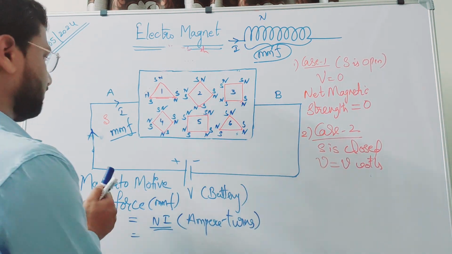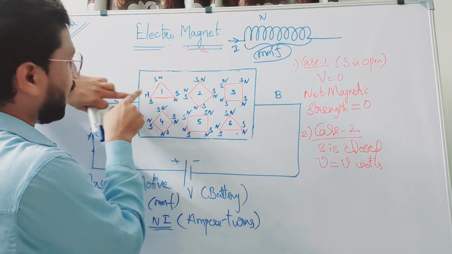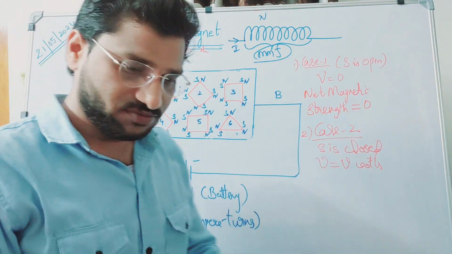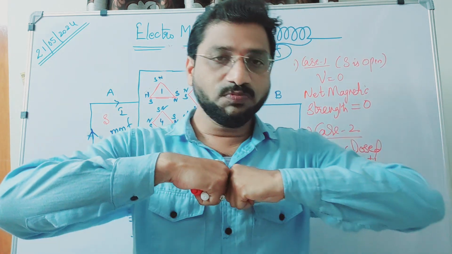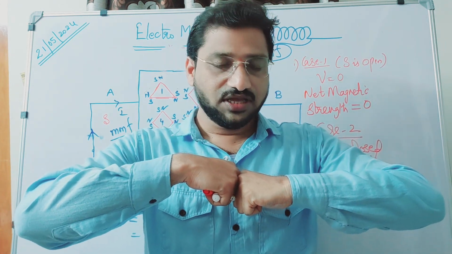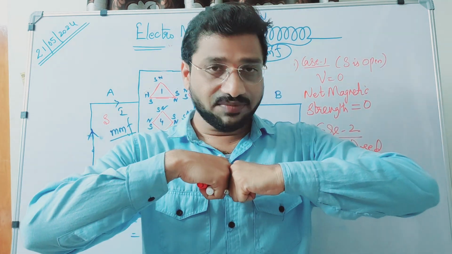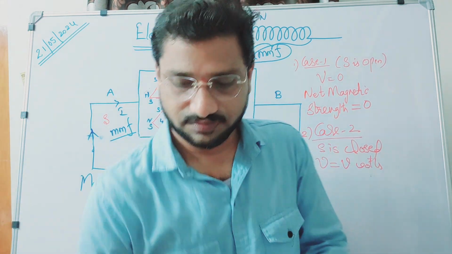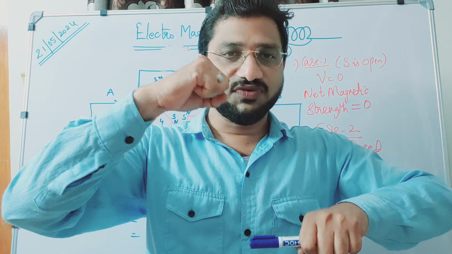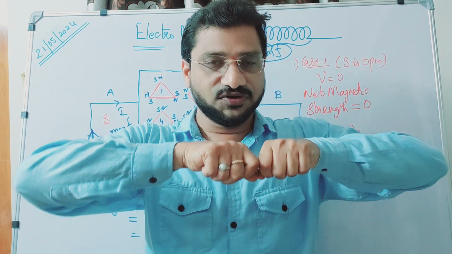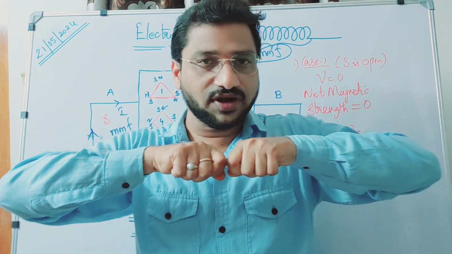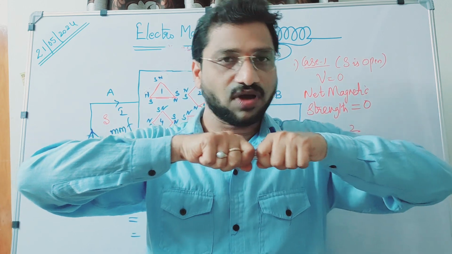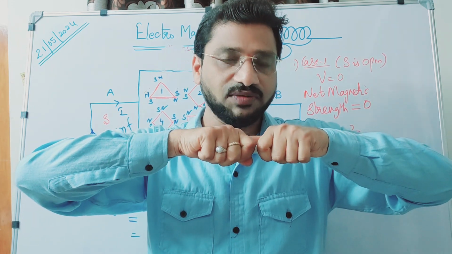Then what happens here? Here, as I told you, north and south both have the same force. See, if two people have the same strength and they are holding like this, this is one person, this is another person, both having the same force. Now if both are pulling this object to opposite sides, there will not be any movement.